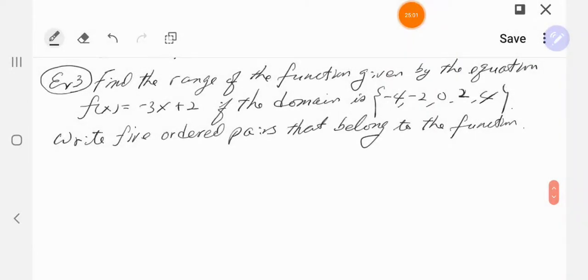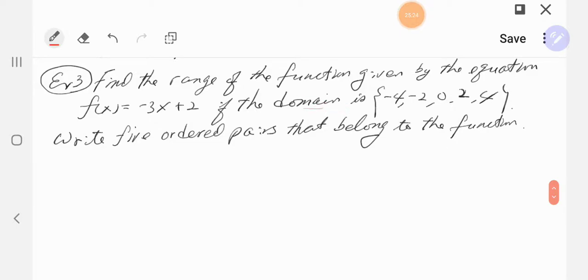Okay, exercise example number 3. Find the range of the function given by the equation. So we have an equation, and this equation has an input and output. If the domain is given, how many x values, input values? The domain is the input values.